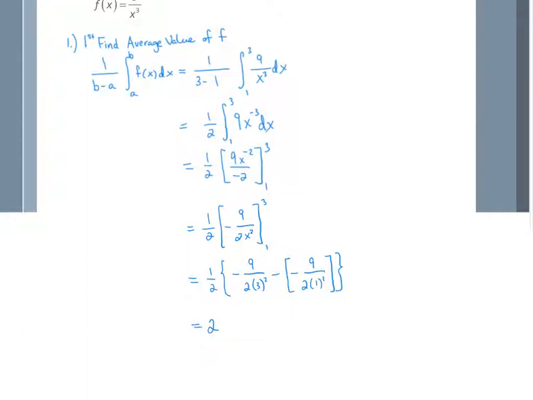So that's the average value of the function. And that's the first thing that we were asked for. Now we're supposed to find the value of c that yields this average value. Now this is the simplest portion of the whole problem.